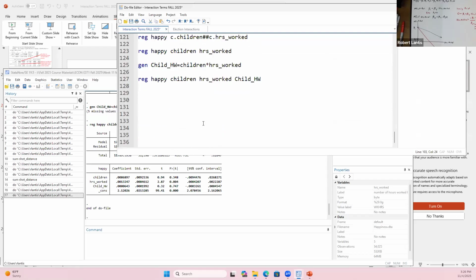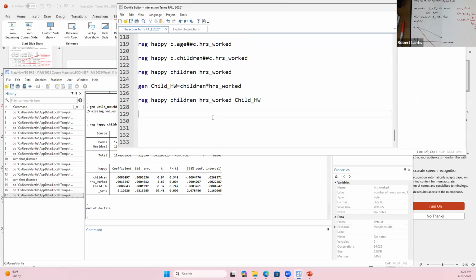Just to make this point, because I don't think we've done this with these continuous variables yet. Let's say I wanted to predict the happiness level, or whatever this variable is, for someone that has 3 children and is working 55 hours a week.